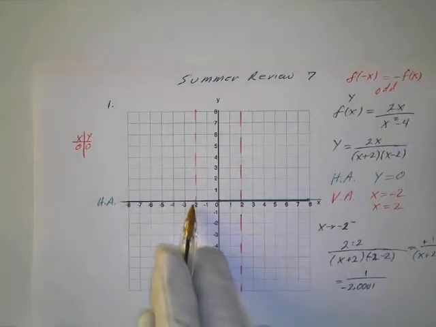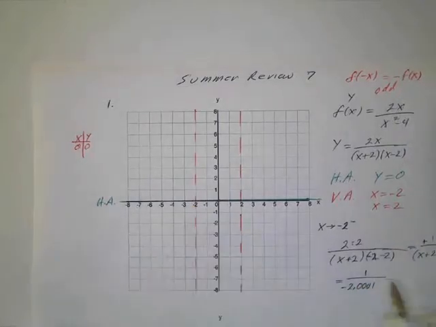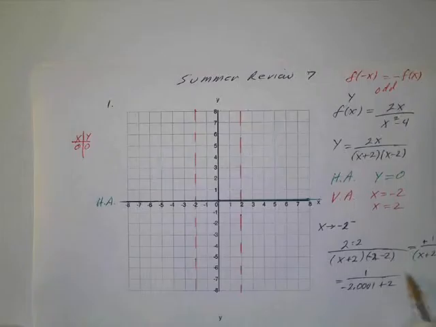So I'm just to the left of negative 2. Plus 2. And if I calculate this out, this is going to be 1 over a negative, because it's a little bit bigger than this negative, and then if I take the difference here, I just get negative 0.0001.